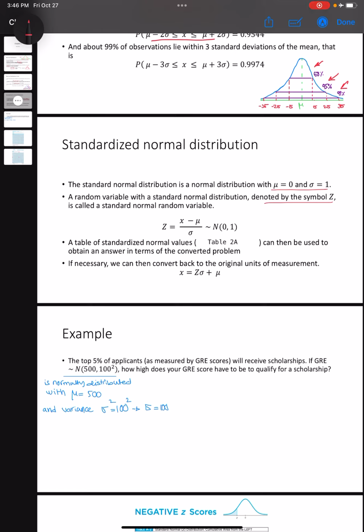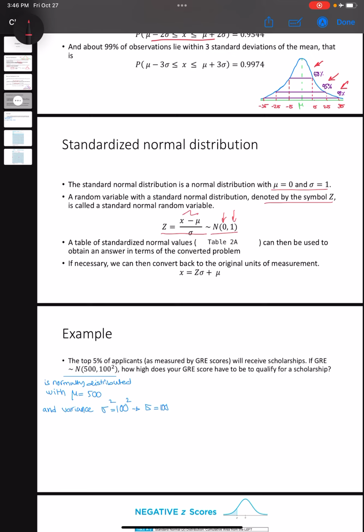We can calculate the z value by subtracting mu from x and dividing by the standard deviation, which is normally distributed, with a mean of 0 and a standard deviation and variance of 1.